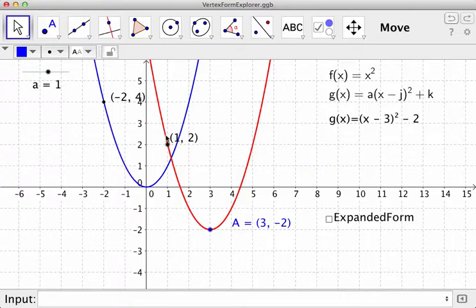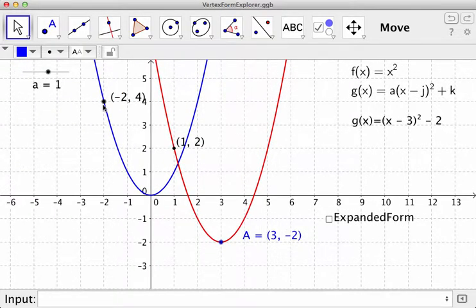Now notice here, let's take this point on our original quadratic, and we slide it to 2, 4. And again, what was true there was that y, 4, is equal to x squared. So 4 is equal to 2 squared. For this quadratic, that's no longer true. What is true, however, is that if we take the value of x and subtract 3 from it, which gives us 2, we then square that and we subtract 2 from that, we're going to get 2 squared, or 4, minus 2.